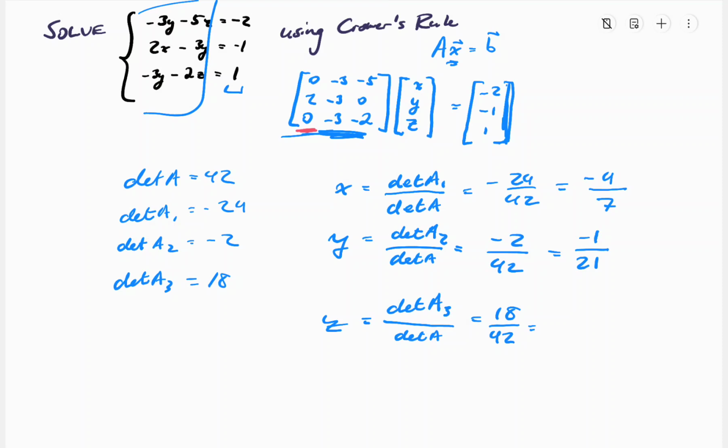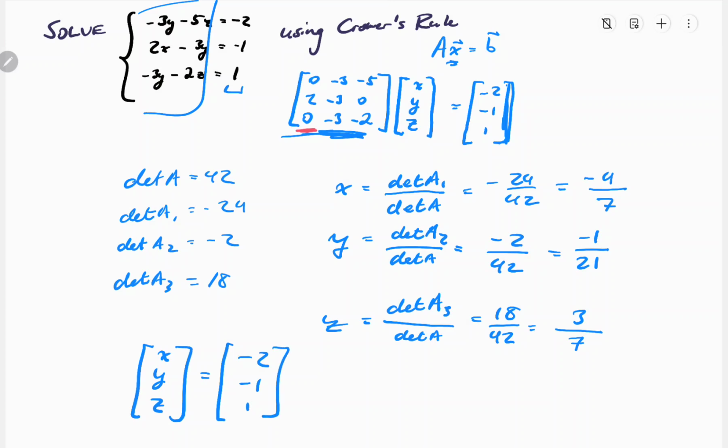Once again, both the numerator and the denominator are divisible by 6. 42 divided by 6 gives us 7 once more. 18 divided by 6 is 3. So the solution to our linear equation is negative 2, negative 1, 1.